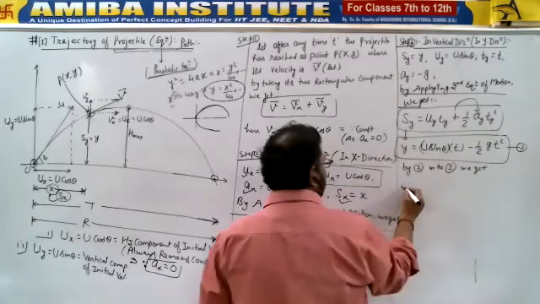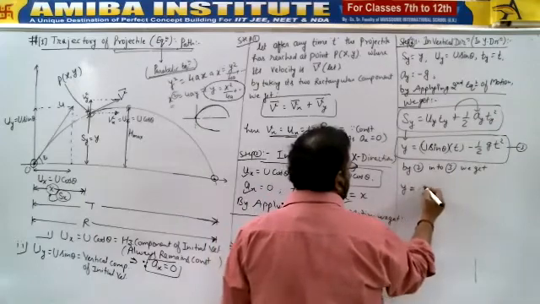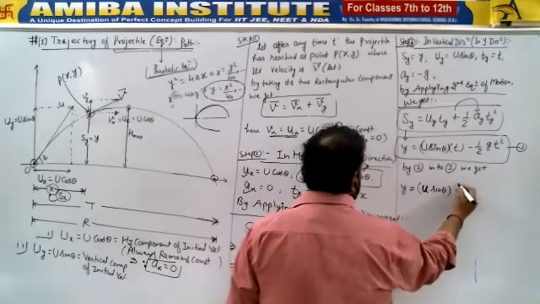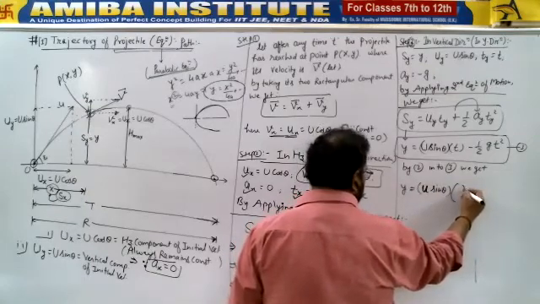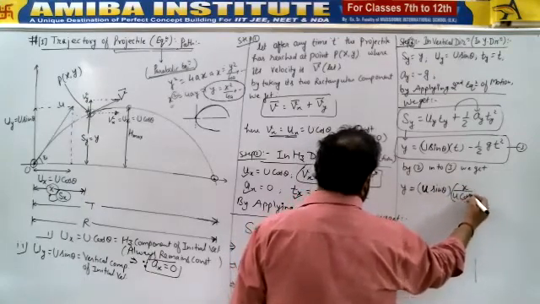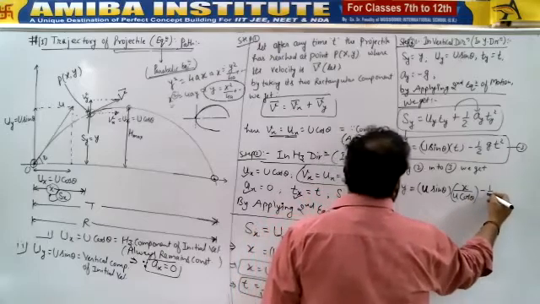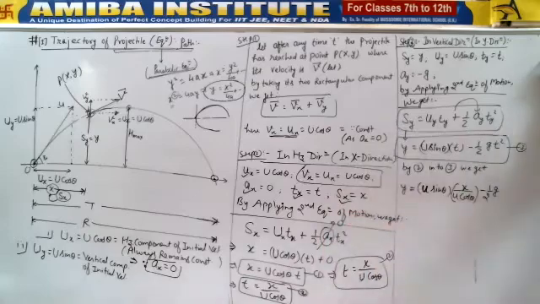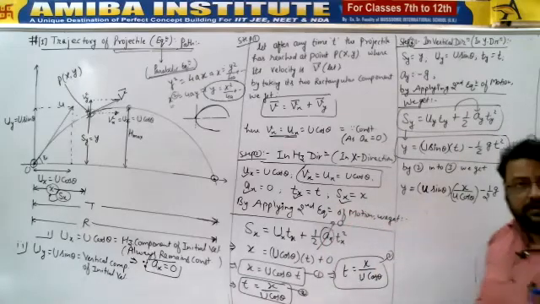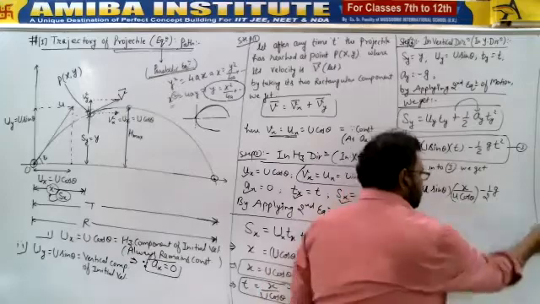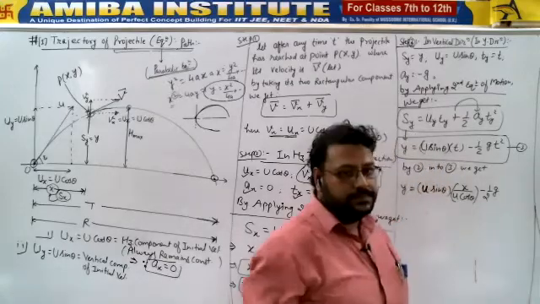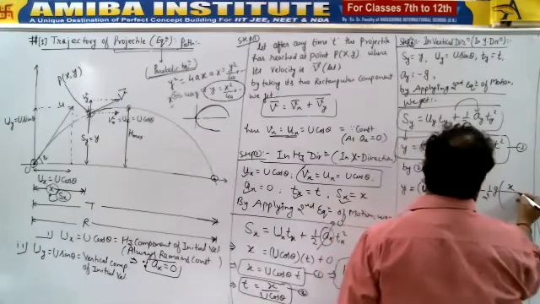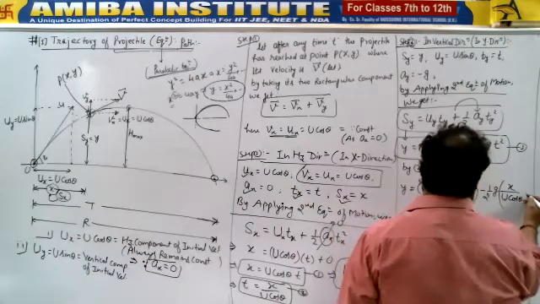y is equals to, and we are done with this derivation, u sine theta into t, t is equals to x upon u cos theta, minus half g t square, t means x upon u cos theta whole square.